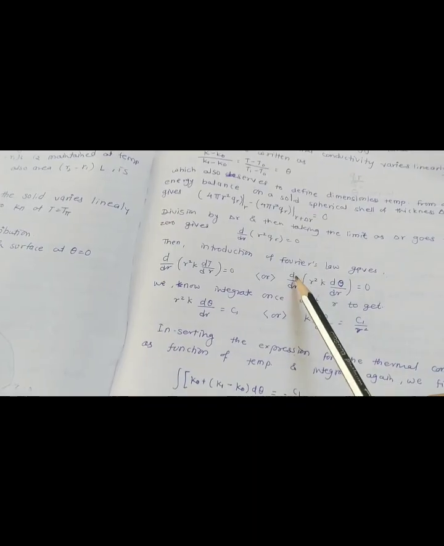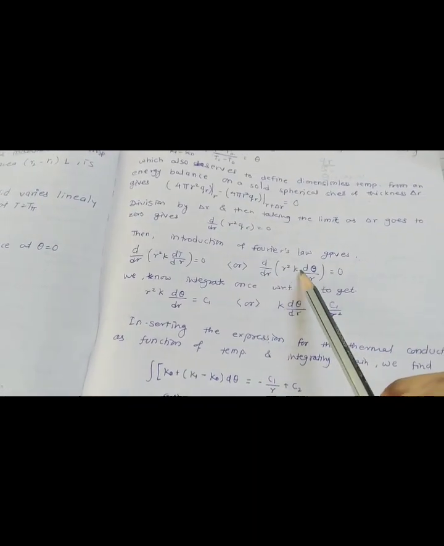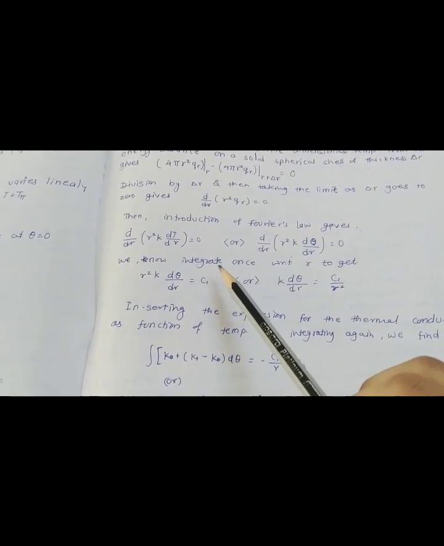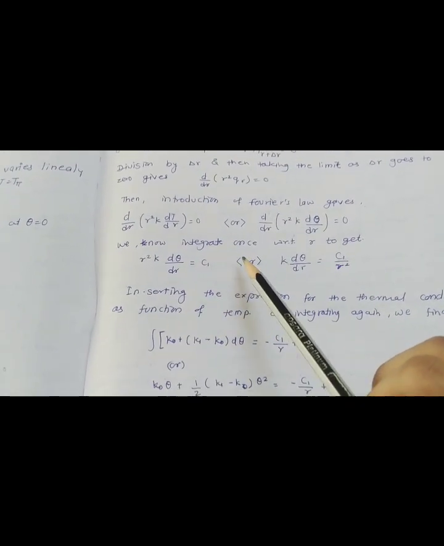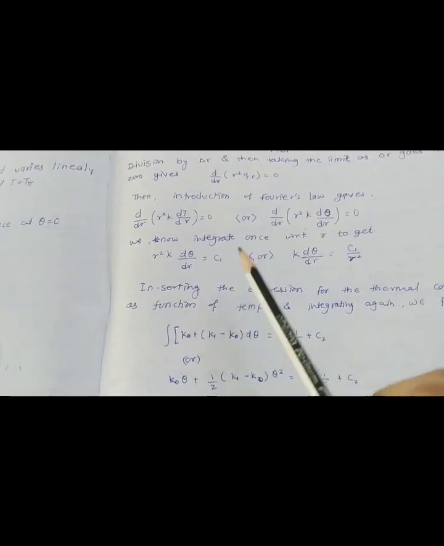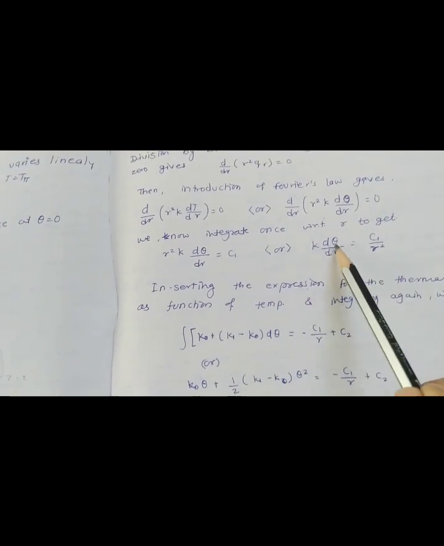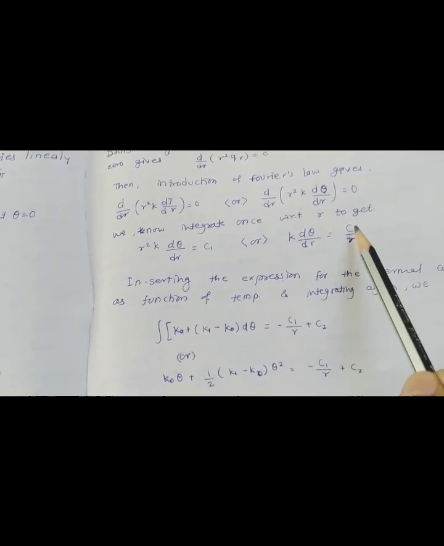Applying Fourier's law, which gives d by dr of R square K d theta by dr, which is equal to 0. We now integrate once with respect to R to get R square K d theta by dr equal to C1, or we can say K d theta by dr is equal to C1 by R square.